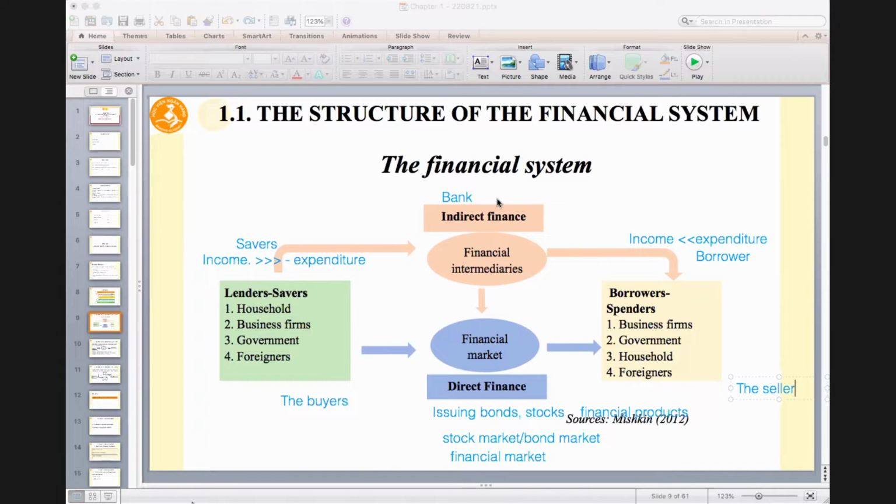Otherwise, in this other way, the borrower and the saver do not know each other, and they only connect to the bank. So this way is called indirect finance, and the other way is called direct finance. With the indirect finance channel, the bank is called a financial intermediary.